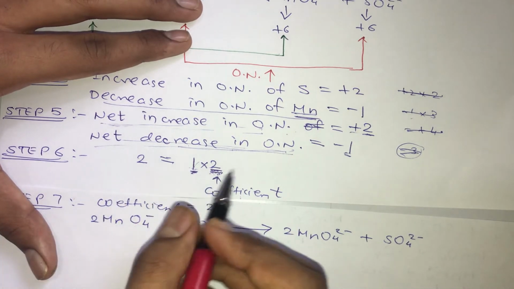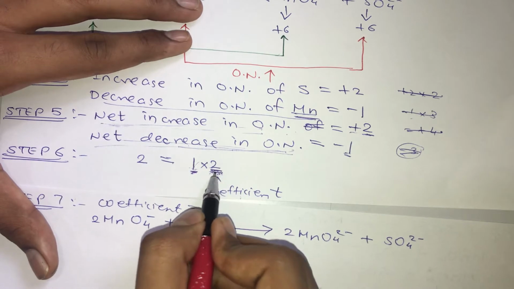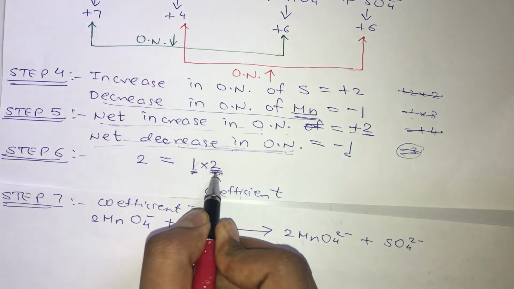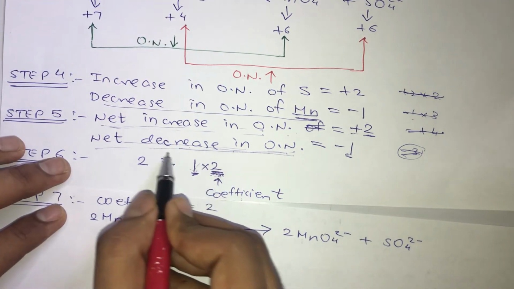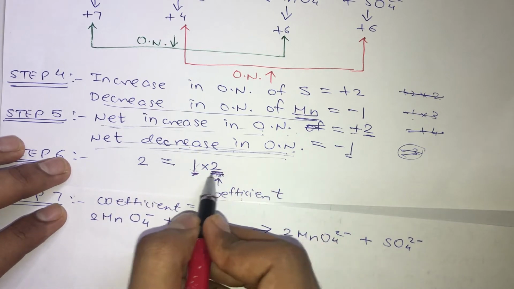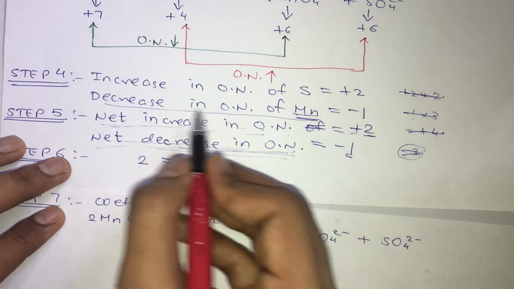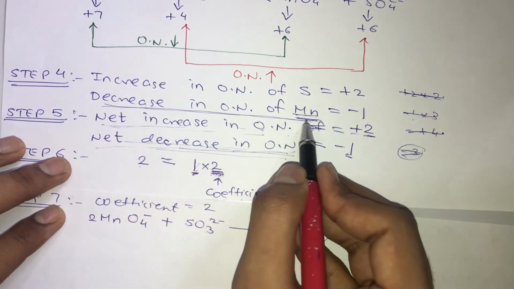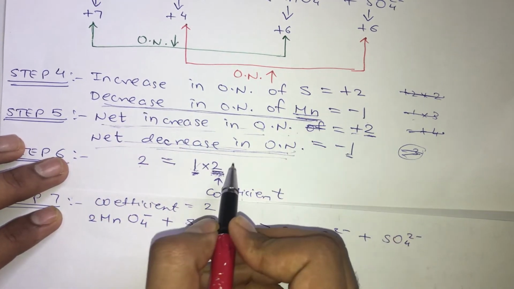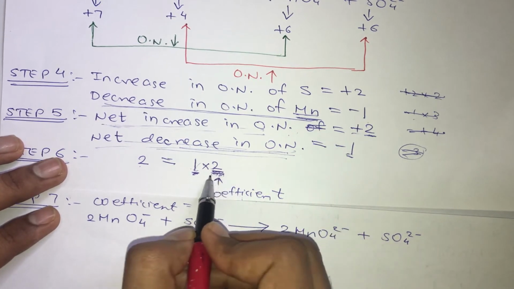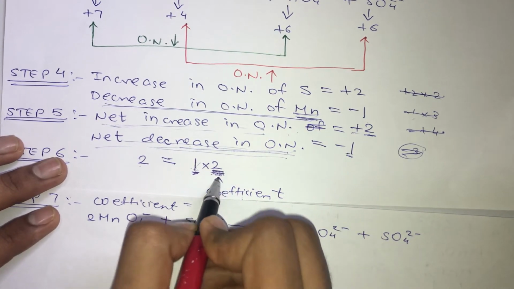So here this coefficient 2, what is it doing? It is making the decrease in oxidation number equal to the increase in oxidation number. And whose oxidation number has decreased? There is a decrease in oxidation number of manganese. Therefore wherever there is manganese, you need to multiply with the help of this coefficient.